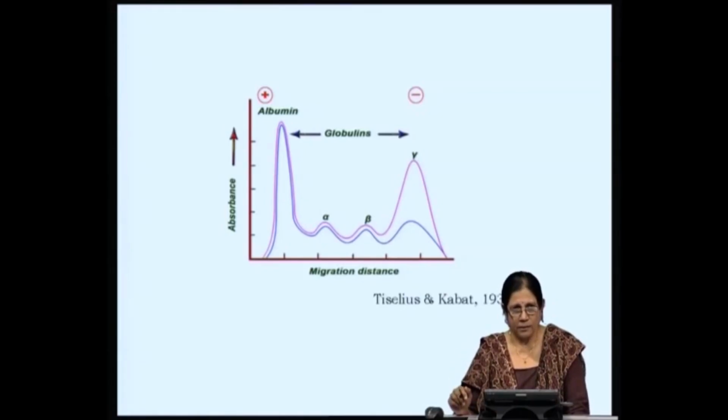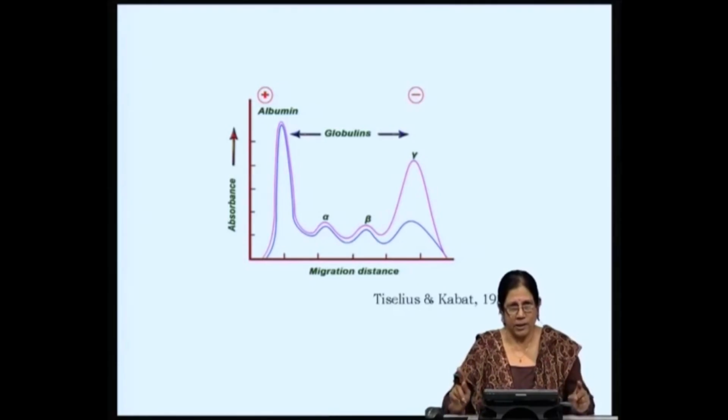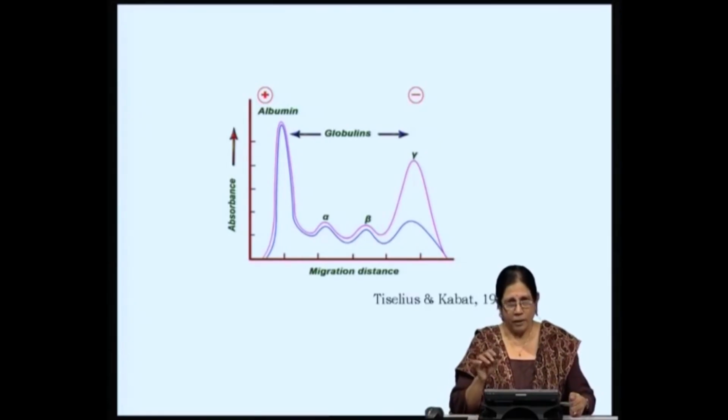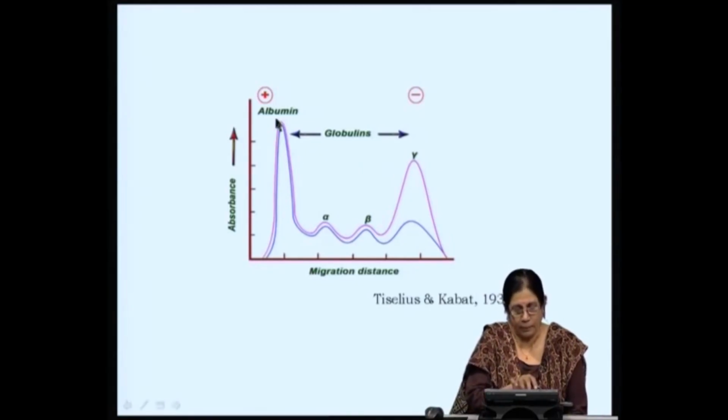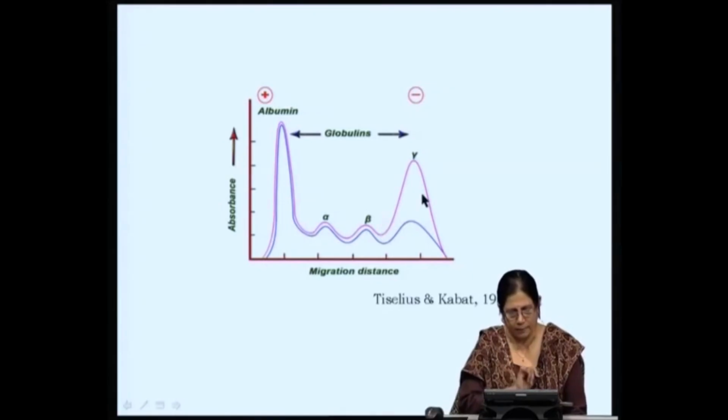So, they did that. They took two aliquots, one where they had not added the antigen and the other where they had added the antigen. After what they thought was appropriate antigen-antibody interaction, they centrifuged down the particulate material, which was nothing but the immune precipitate, and then electrophoresed both the samples on native gels, where proteins were separated as albumin and globulins alpha, beta and gamma.